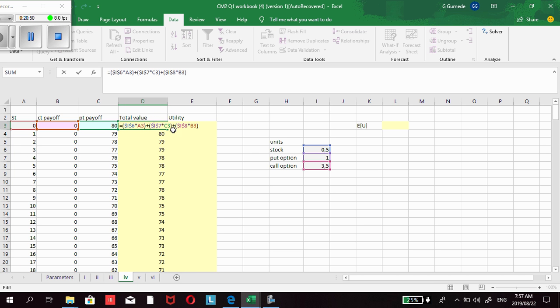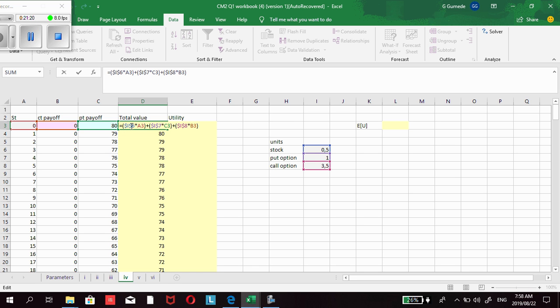I wanted to explain something here, because if you put a dollar only in front of your number, that means you are locking your values going down. But if you put a dollar just next to your letter, that means you are locking your values going across.